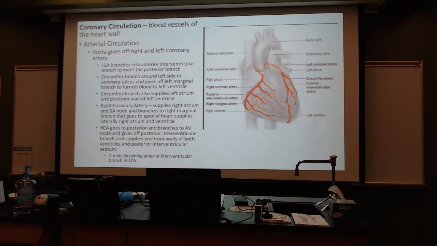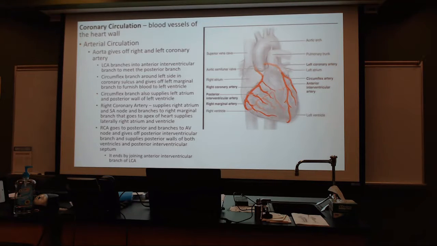When we look at circulation for my coronary, feeding the organ itself, don't forget that this coronary circulation is sitting in sulci. Does everybody remember that? The grooves of the heart, and the arteries and the veins, for the most part, are following similar pathways.